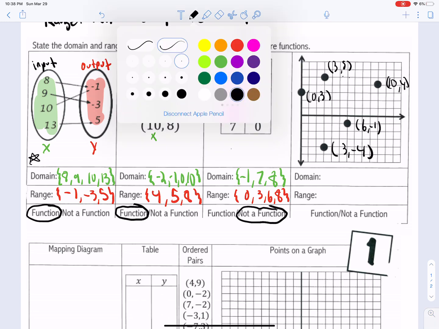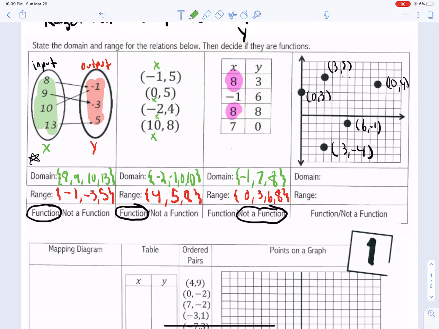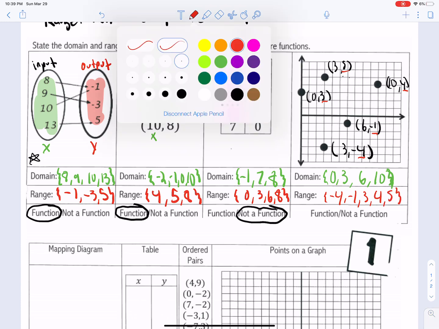So the domain here will be all the x numbers. So we got 0, we got 3, we got 3 again, we got 6, and we got 10. Squiggly bracket. And then for the range, it's all the y numbers, so all these numbers here. So that's going to be -4, -1, 3, 4, 5, right?